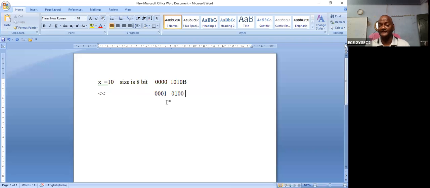Hexadecimal conversion is explained in your STLD. 14 stands for 1 into 16. I repeat, this is called as 14H.